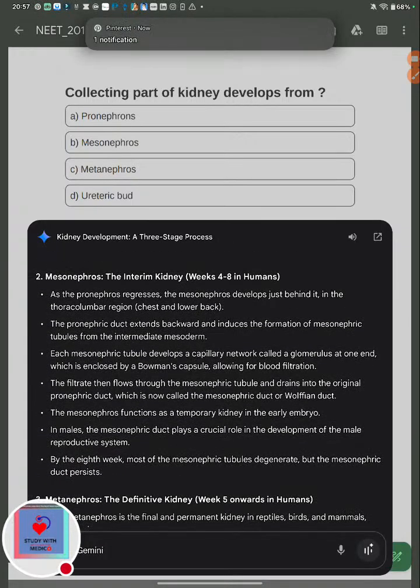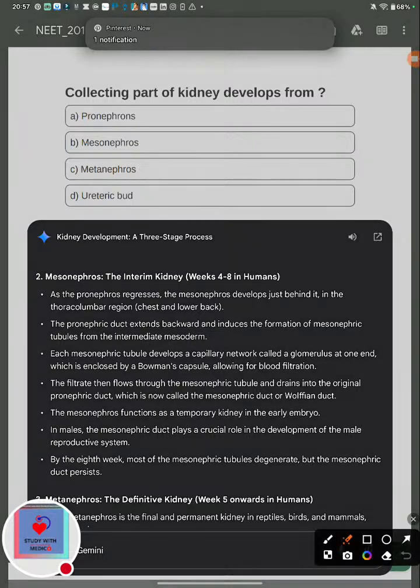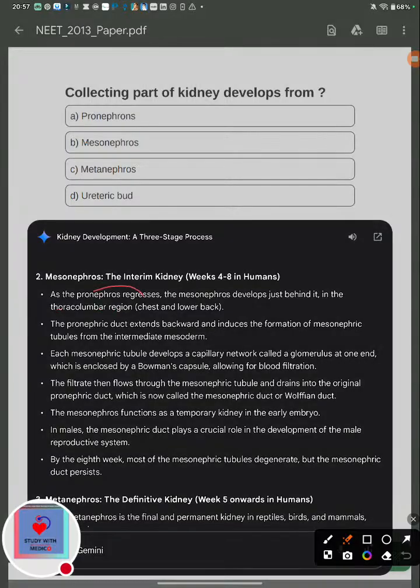Then by around 4 to 8 weeks, mesonephros is formed. As the pronephros regress, mesonephros develops just behind it in the thoracolumbar region. The pronephros were in the cervical region, then this mesonephros is in the thoracolumbar region.